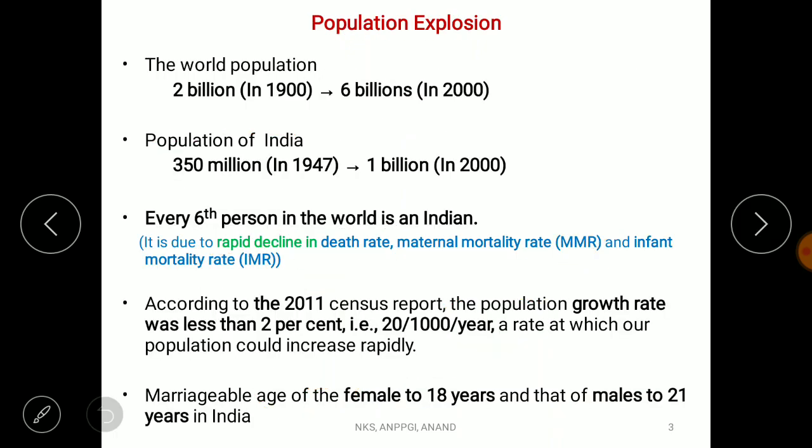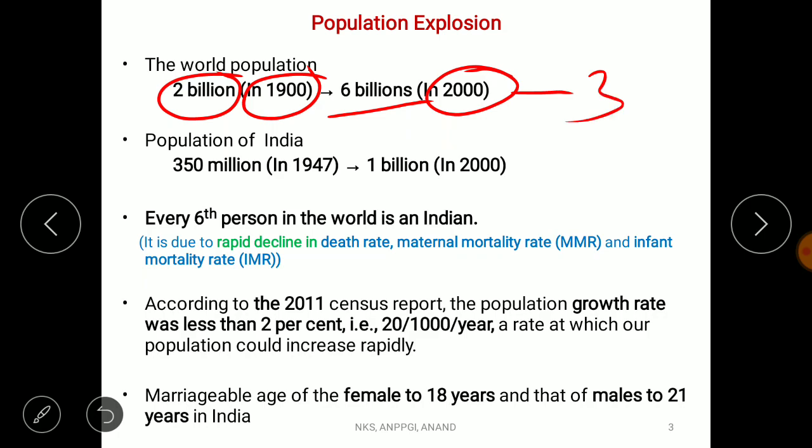Now let us have a look at the population explosion. The population of the world was 2 billion in 1900, and it became 6 billion by 2000. So it is a 3 times increase in population in 100 years.